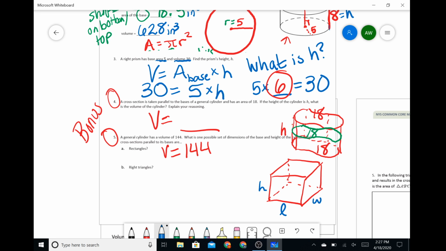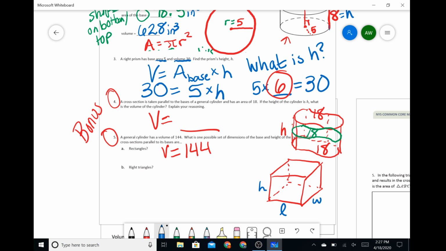So if my height, for example, is, I could make my height 12 because 12 goes into 144, right? That would mean that my volume is equal to the area of the base times 12. And I know that my volume is 144.